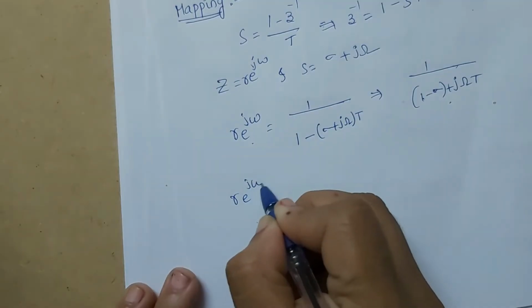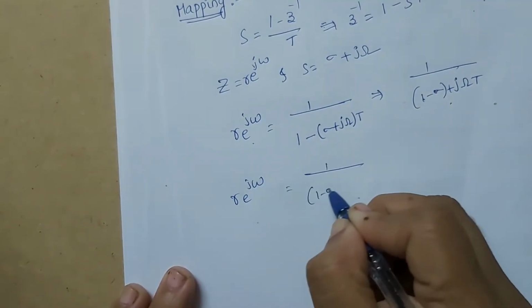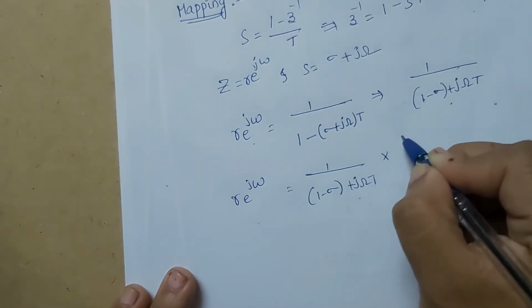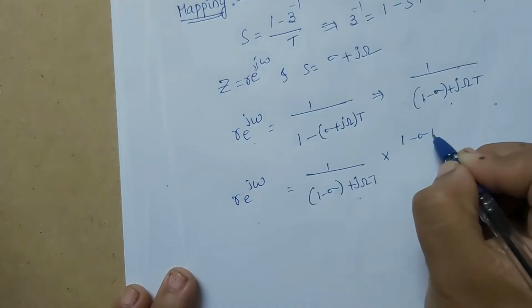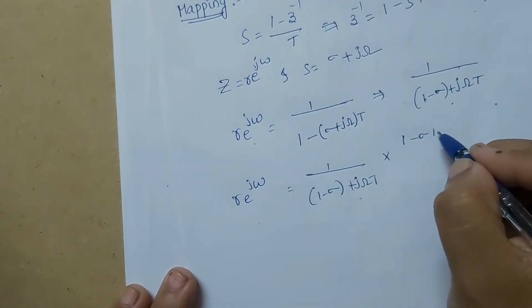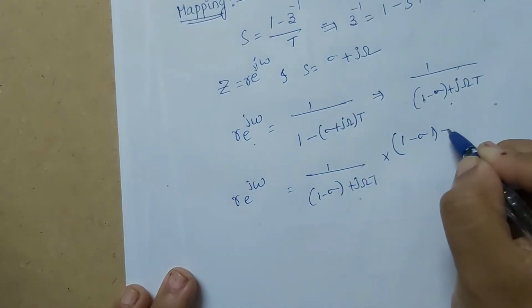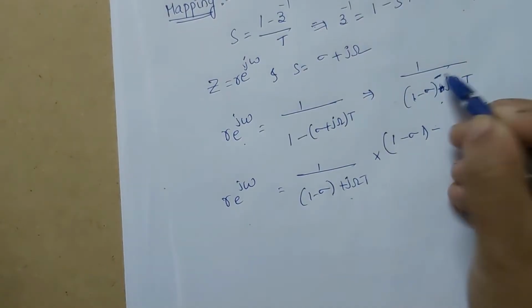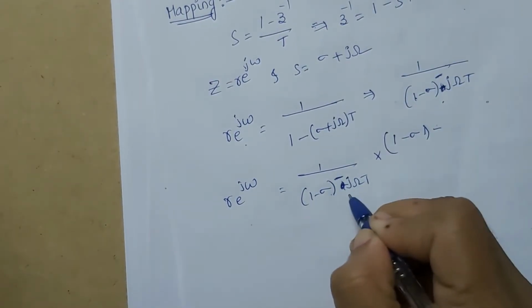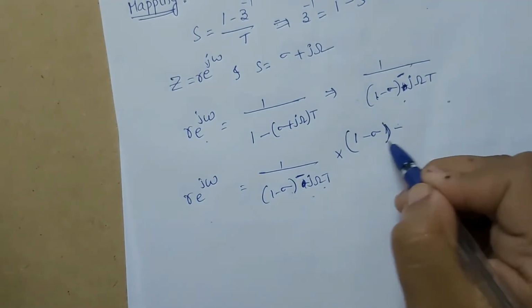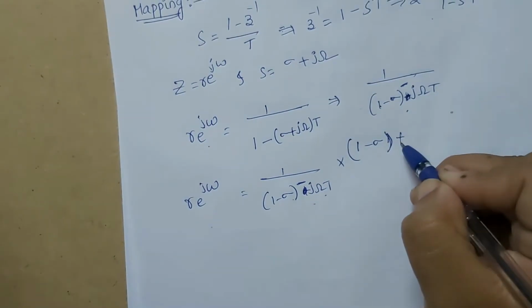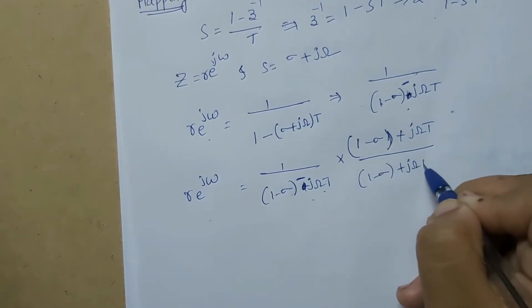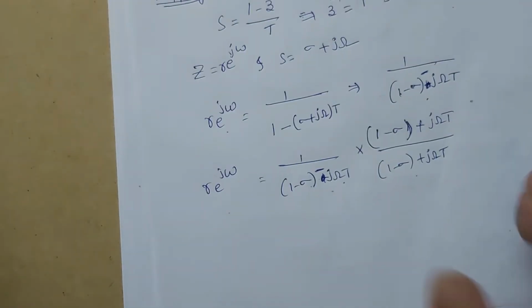So r into e power j omega is equal to 1 by 1 minus sigma plus j omega T, into, sorry, here this is minus, this is also minus, 1 minus sigma minus j omega T, and this is 1 minus sigma plus j omega T, divided by 1 minus sigma plus j omega T. This process is called rationalizing, as we know.